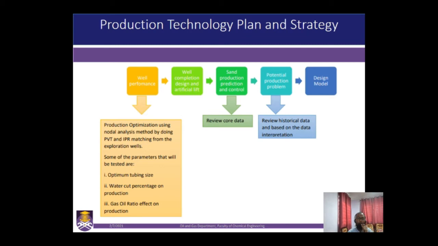Third is gas oil ratio effect on production. Next is well completion design and artificial lift, sand production prediction and control. Based on review core data, potential production problem, review historical data, and based on the data interpretation. And last but not least is design model.